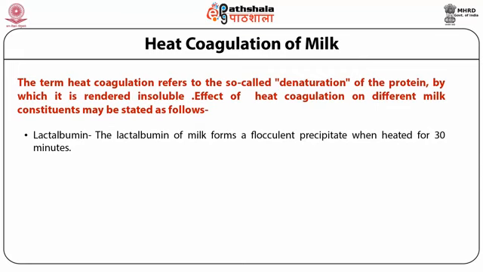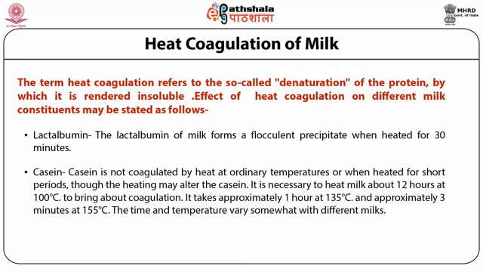Second constituent of milk is casein. Generally, milk casein is not coagulated by ordinary heating temperature for short time, but if it is heated for 12 hours at 100 degrees centigrade or 1 hour at 135 degrees centigrade or 3 minutes at 155 degrees centigrade, it gets curdled down.